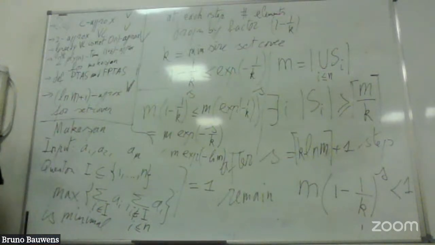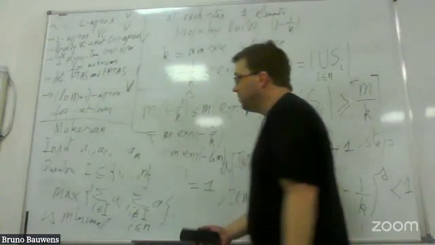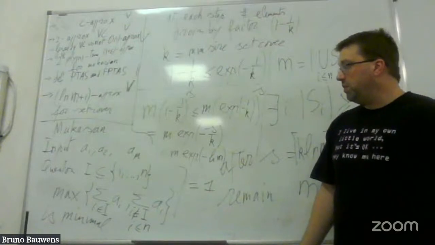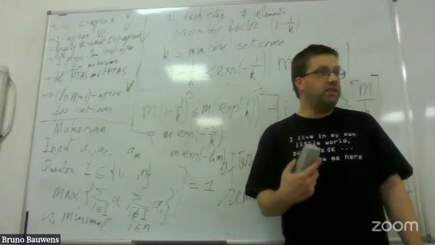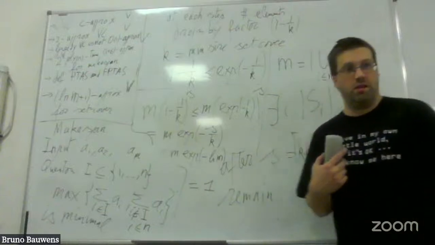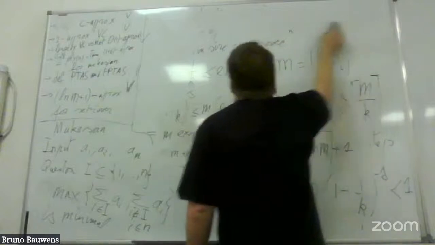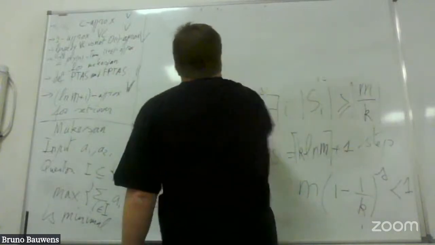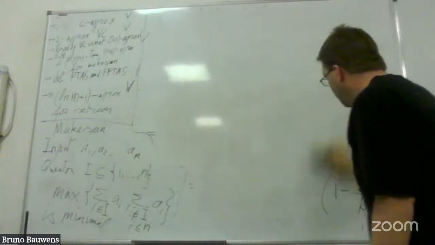Is it visible? Yes. So the algorithm will have two phases, two steps. First we will take all the elements whose size is at least an epsilon fraction of the sum. Let's have some parameter S now. We will brute force over these elements.